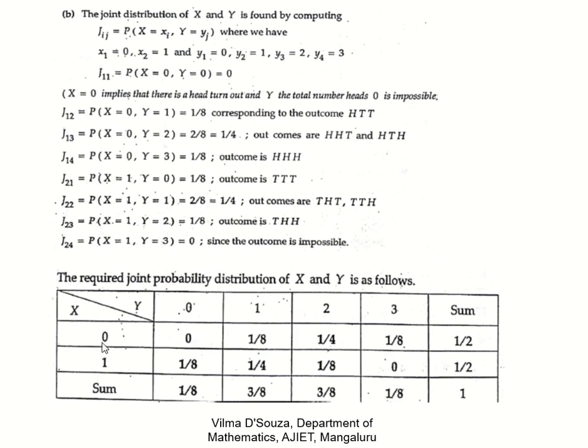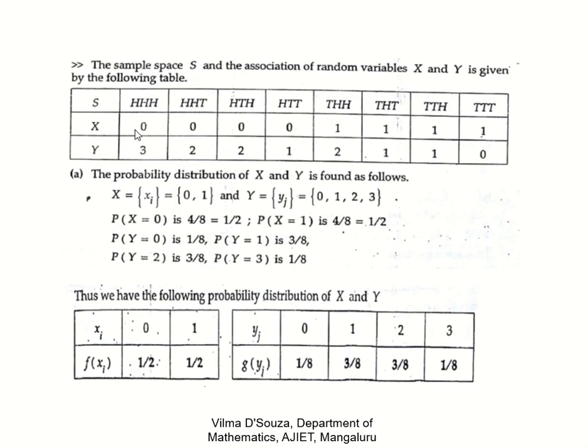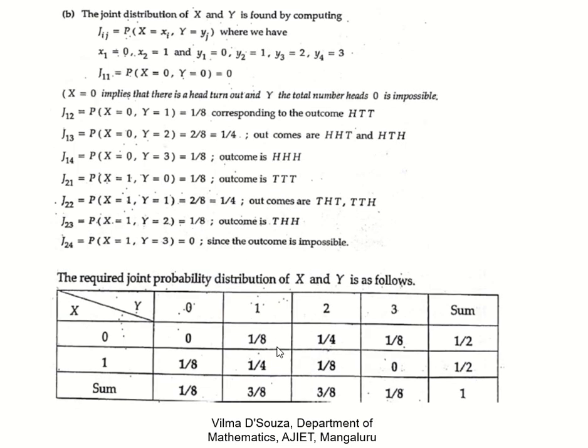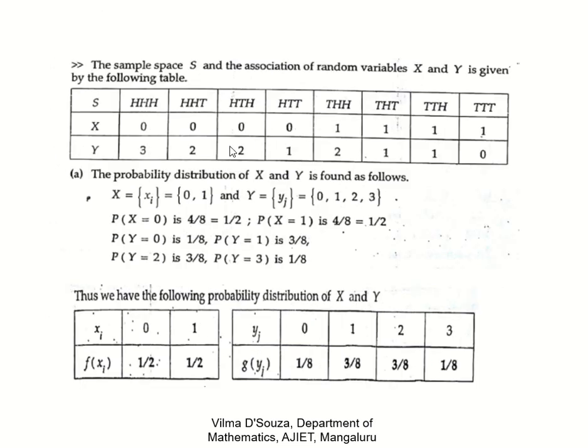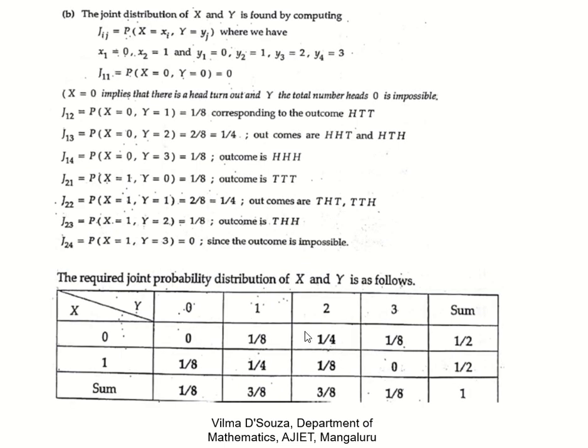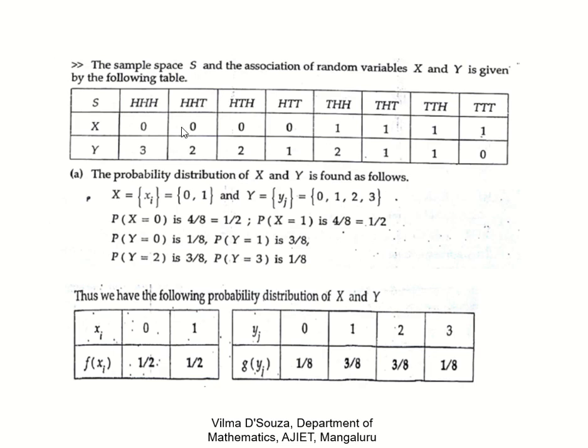What is the probability of X equal to 0, Y equal to 1? Only once. So it is 1 by 8. X equal to 0, Y equal to 2. Twice out of 8, 2 by 8 or 1 by 4. X equal to 0, Y equal to 3. Again 1 by 8.